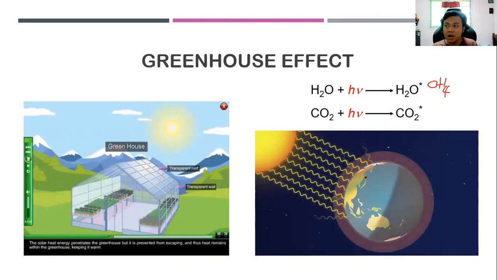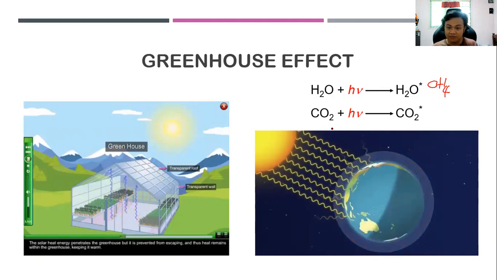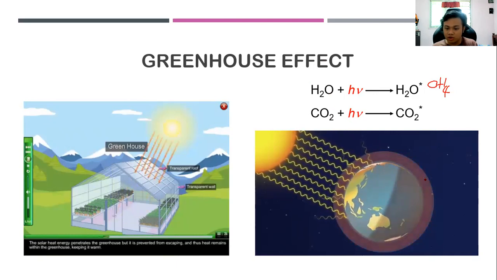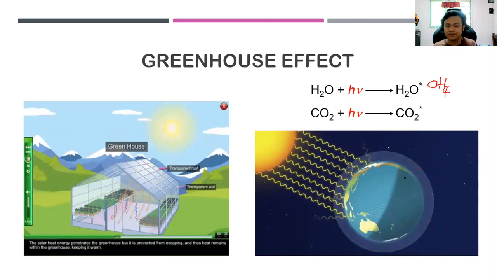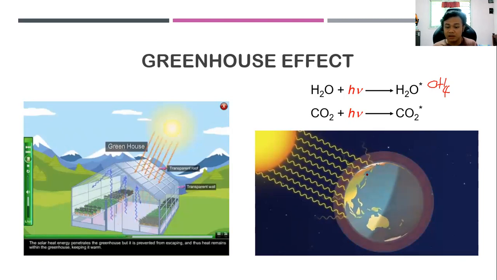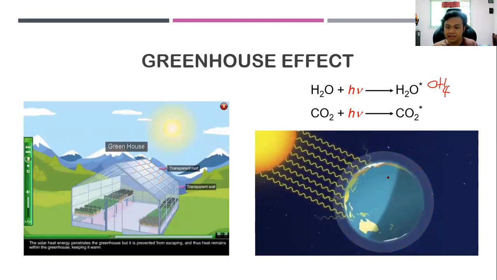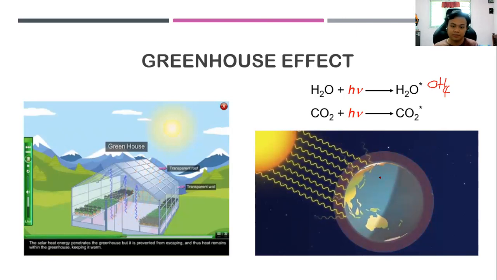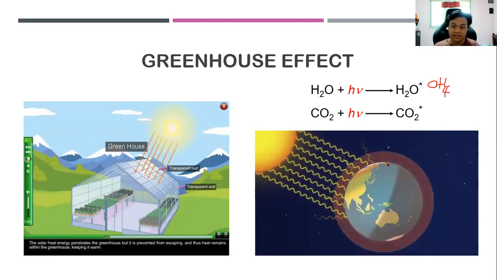But what happens is that it accumulates, and if the amounts are not regulated, the result is global warming because this phenomenon raises the Earth's temperature.